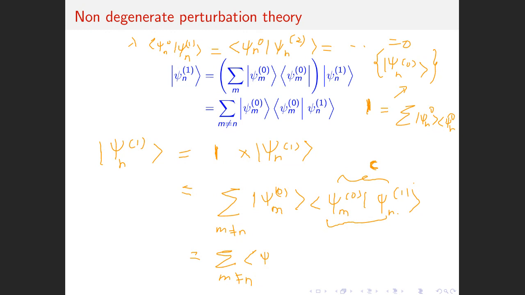But the point of this rewriting is that in order for you to get the correction to the wave function, you first have to compute what this number is, ⟨psi_m^0|psi_n^1⟩.